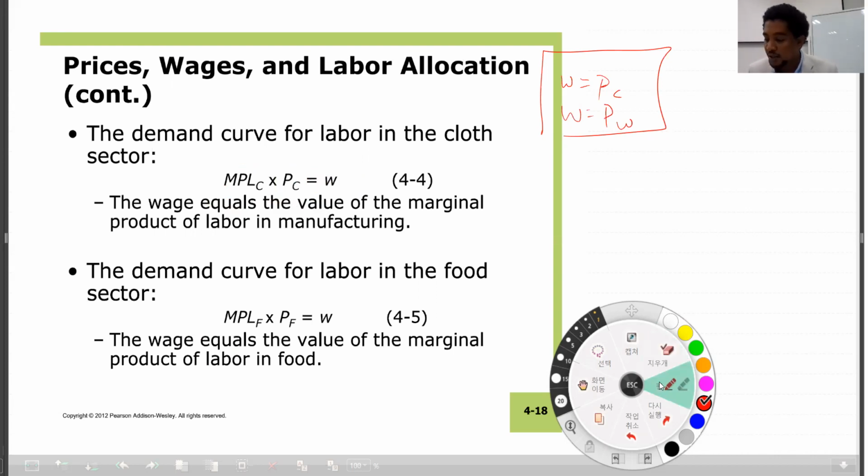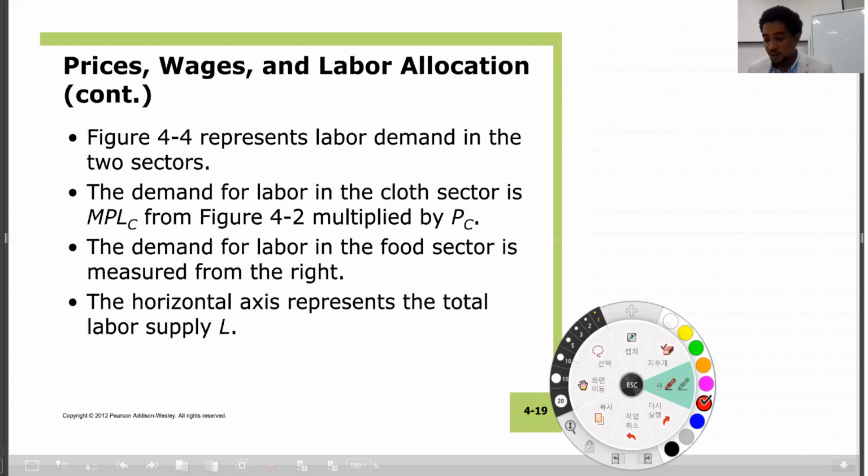So the wage equals the value of the marginal product of labor in manufacturing, and in the same way, the wage is equal to the value of the marginal product of labor in food. Now figure 4 below will represent labor demand in the two sectors.